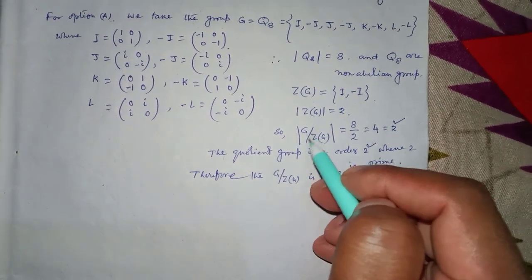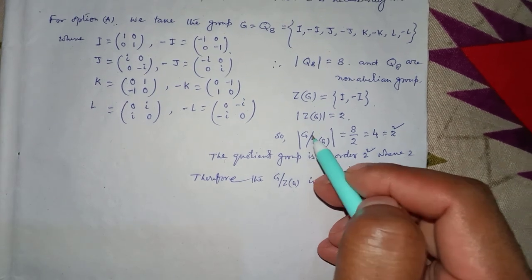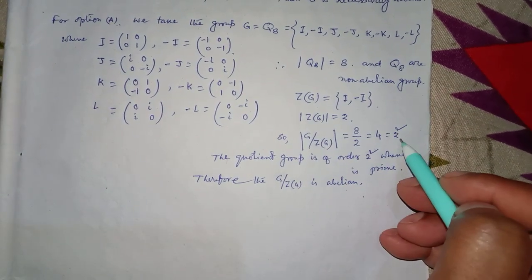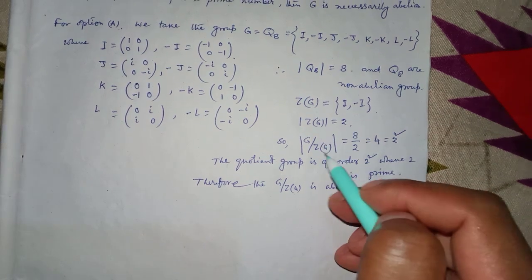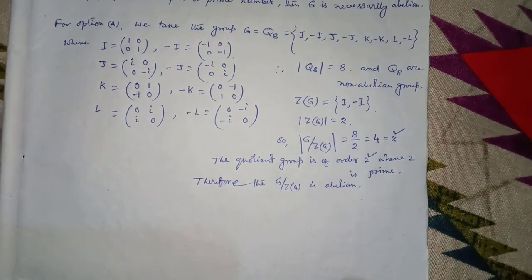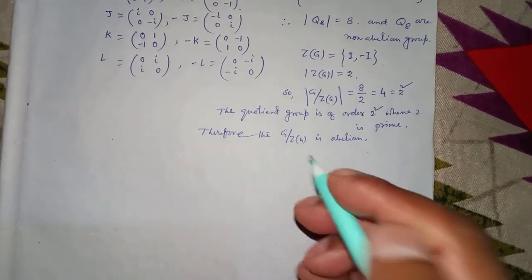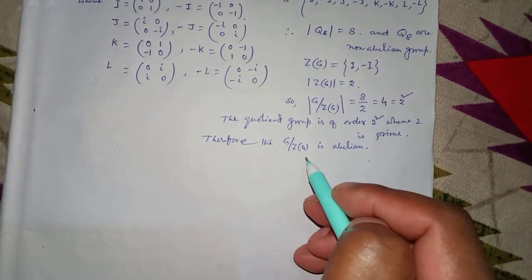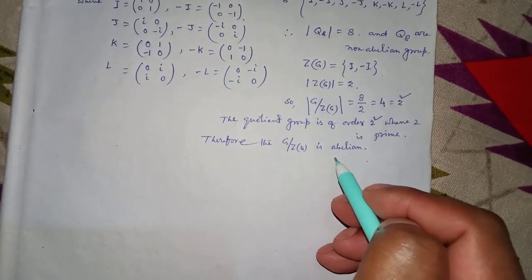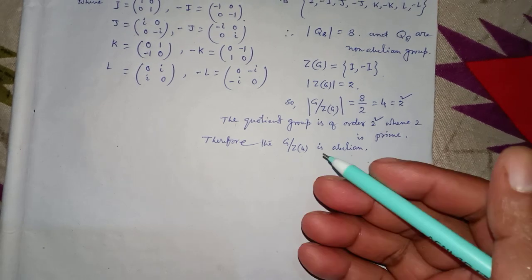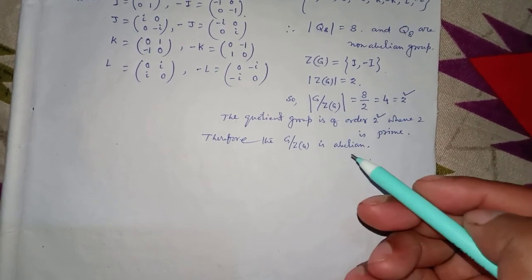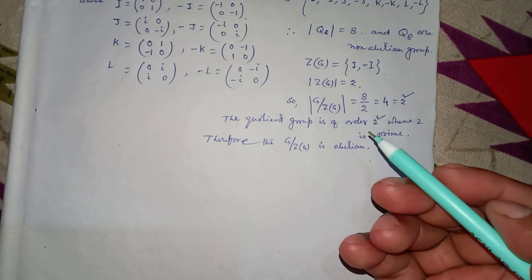So the group G by Z(G), of order 2 square where 2 is prime, is abelian. And also we know that the order of the center of an abelian group is equal to the order of the group.